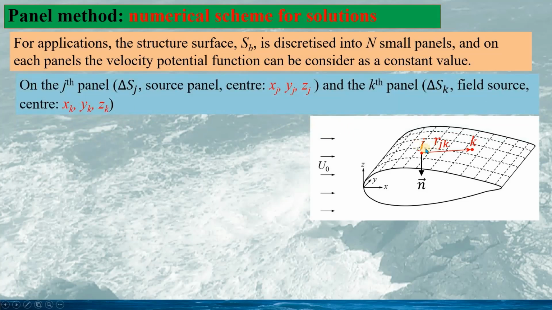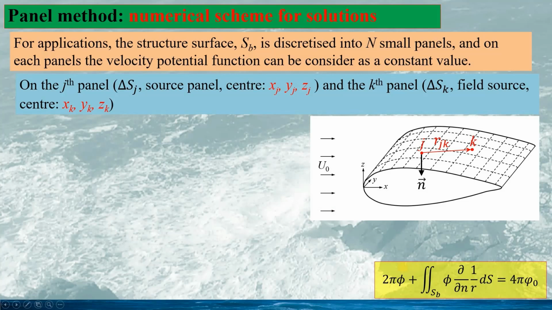For instance, the j-th panel with the surface delta Sj is the source panel with the center coordinates xj, yj, and zj, and the k-th panel with the surface delta Sk is the field panel. Its center coordinates are xk, yk, and zk.